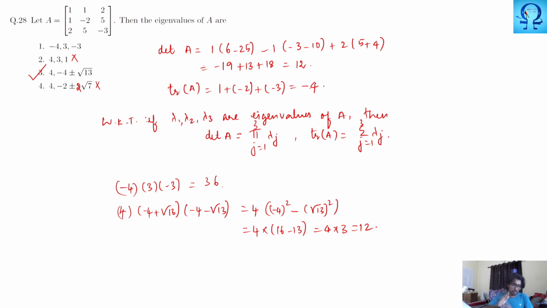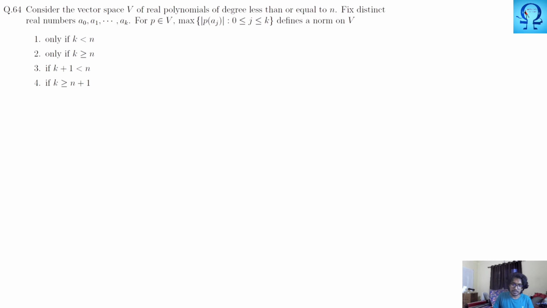Okay, so we have covered the part B questions. Now we are stepping into part C questions. Here we are asked to consider the vector space V of real polynomials of degree less than or equal to n. Now we will have to fix distinct real numbers a0 through ak.